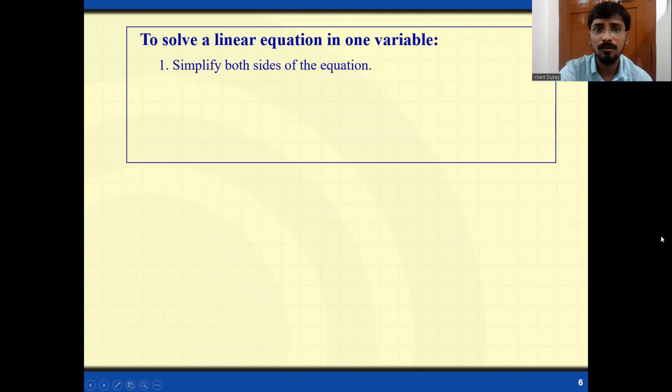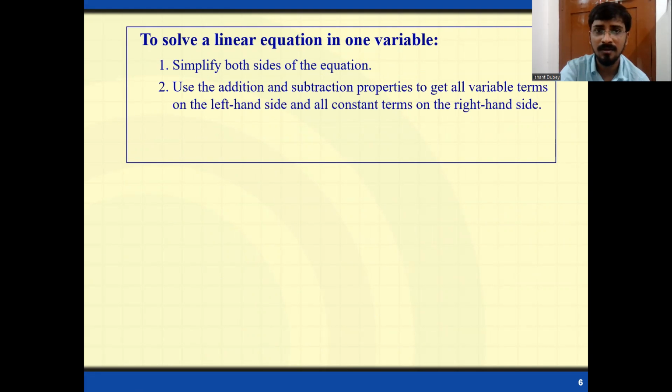Right. So to solve a linear equation in one variable, these are the steps. First, simplify both sides of the equation. Second, use the addition or subtraction properties to get all variable terms on the left hand side and all constant terms on the right hand side.